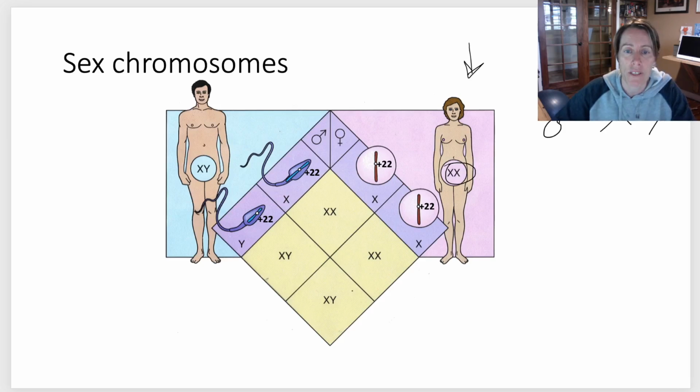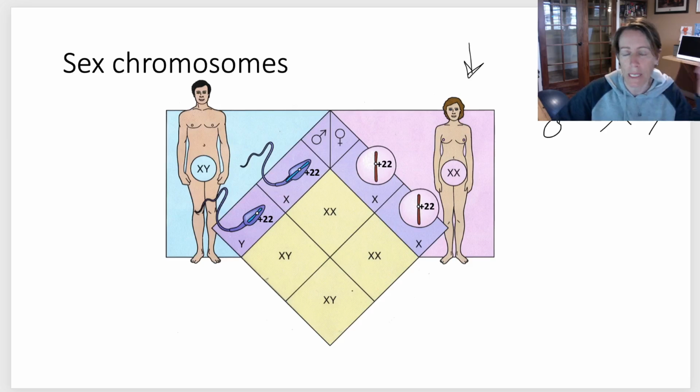And so what this is showing here is that the female eggs have 22 autosomes plus an X. And the X is shown here as this red chromosome. Not really red in real life. All right, so the same deal with the man.